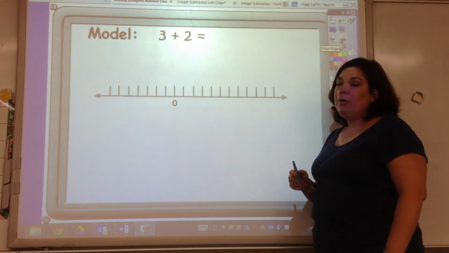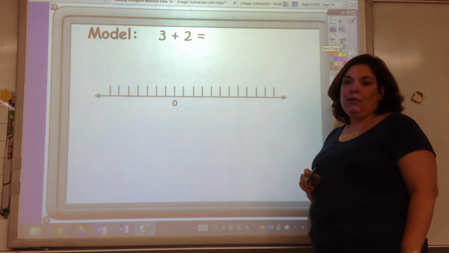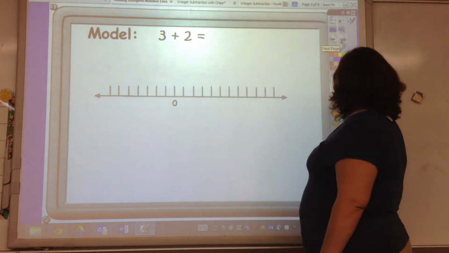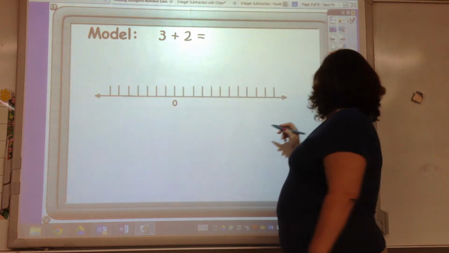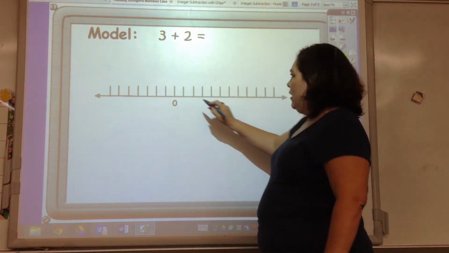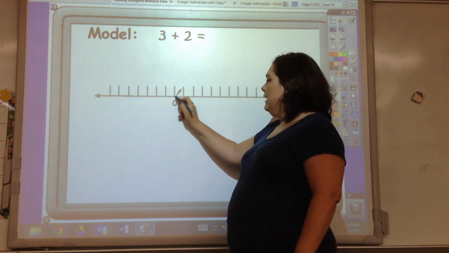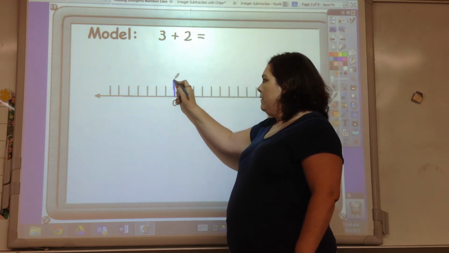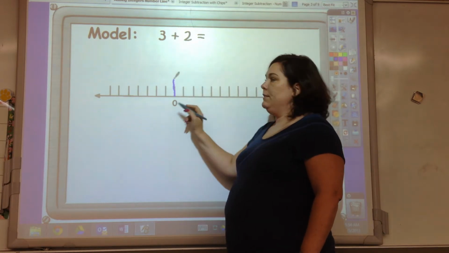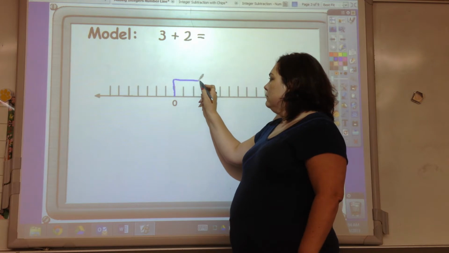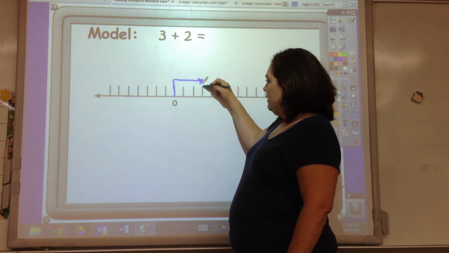So if we look back at the model that we used from the time that we were little kids, this would represent that you would start at 0, of course always start at 0, and you would go up 3 positive.